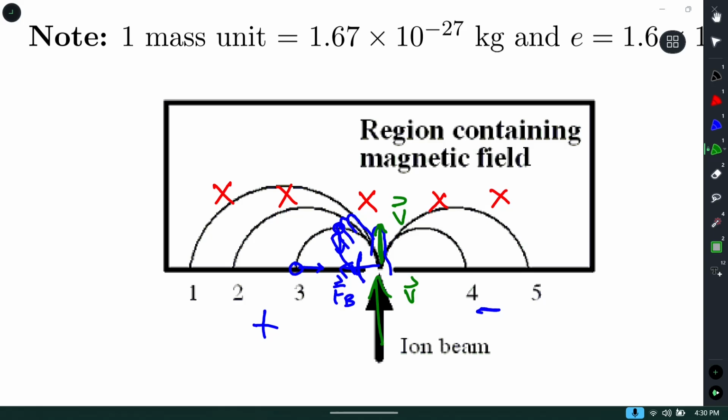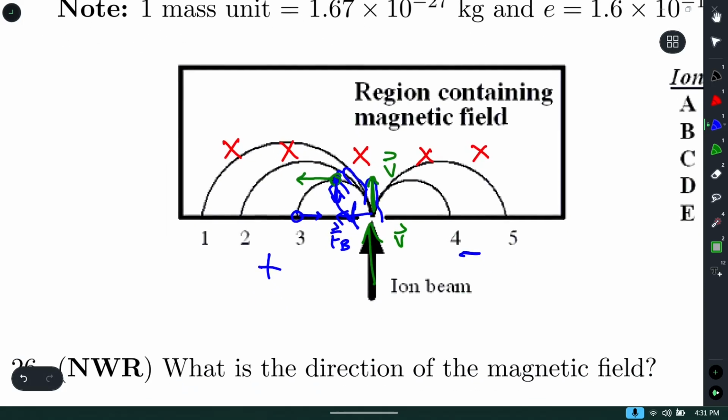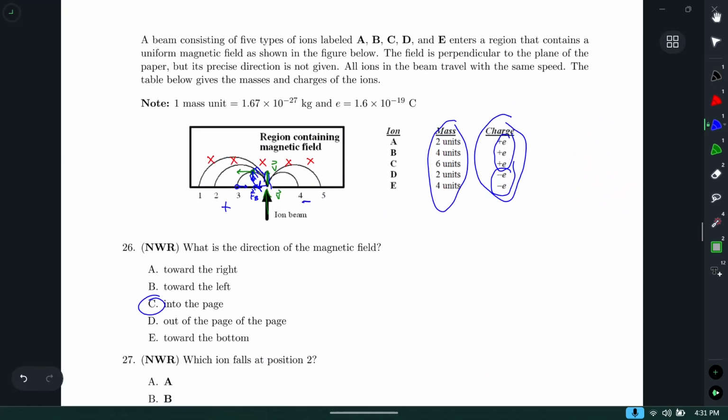But even if I didn't realize that, I could go up here and say, well, at that point, the charge is going to the left, tangent to the circle, but it's feeling a force downward. I can use the right-hand rule with that. My thumb is going to the left, my palm is facing down. The only way that'll work is if my fingers are into the page. Oh. Yep. I see. Thank you.